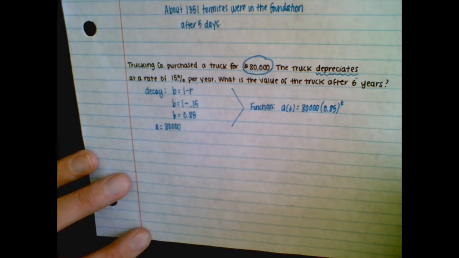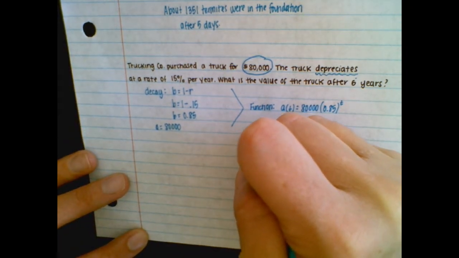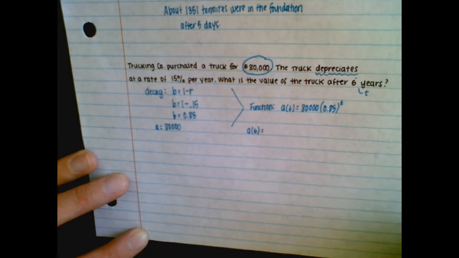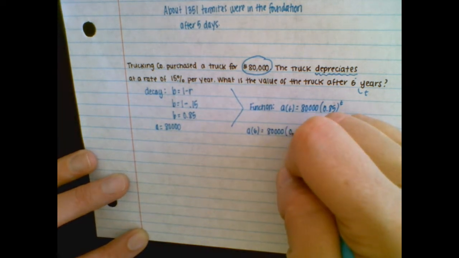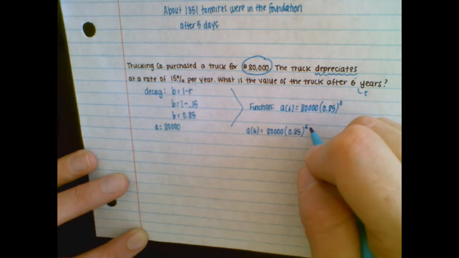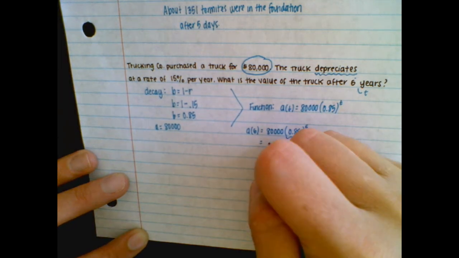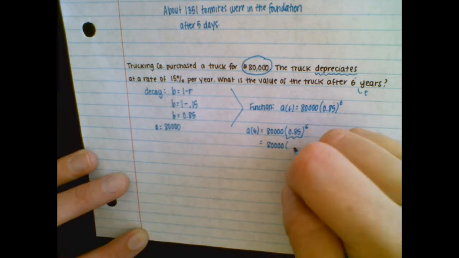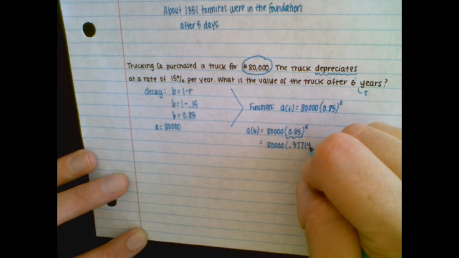If I want to know the value of the truck after 6 years, that's asking me to calculate A of 6, because that 6 years is representing our t, or our time. So 80,000 times 0.85 raised to the 6th power, because I'm replacing that t with a 6. Evaluating 0.85 raised to the 6th power, rounded to 6 decimal places, gives 0.377149.